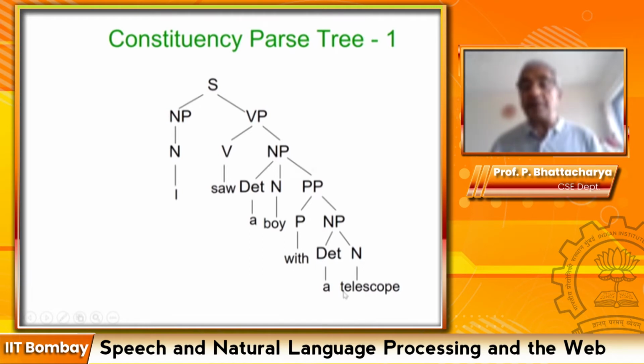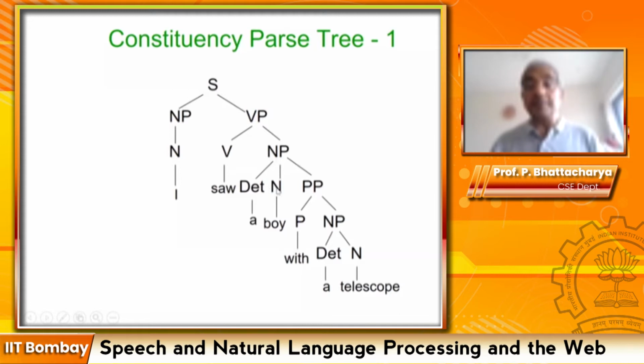Now a telescope can be grouped to give the chunk. So DT and N, a telescope, produces a chunk and then it produces an NP, the noun phrase. With a telescope, that is a preposition and a noun phrase together, produces PP, a preposition phrase. Now again a chunk and then a noun phrase, a boy. A boy with a telescope.